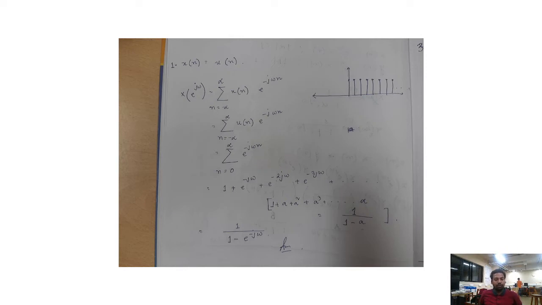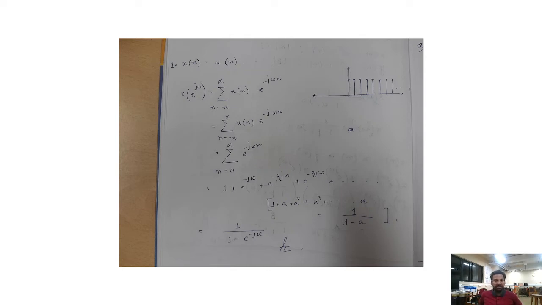So this is of the form 1 plus a square plus a cube till infinity, and we know this formula equals 1 divided by 1 minus r, where the numerator 1 is the first term and r is the common ratio.